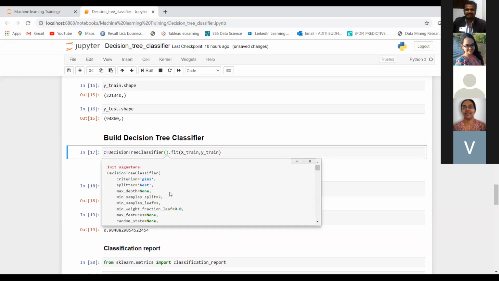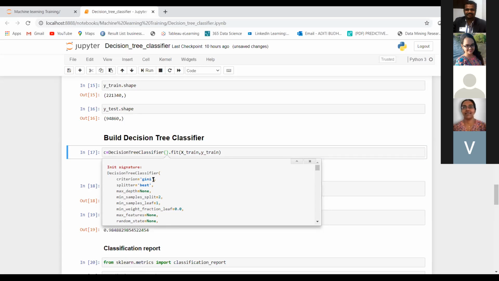Look over here. All of these are the parameters that you can specify in order to create your model. In order to improve your model also, you can use all of these parameters.